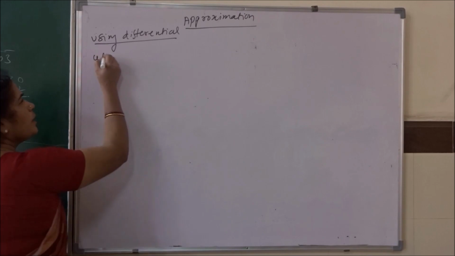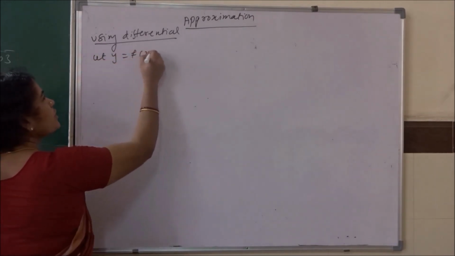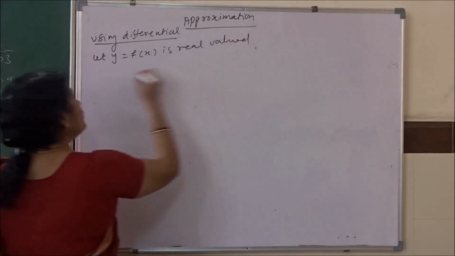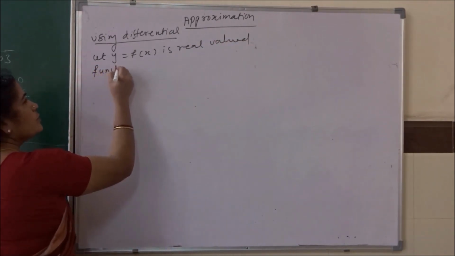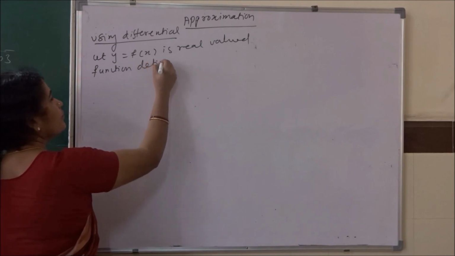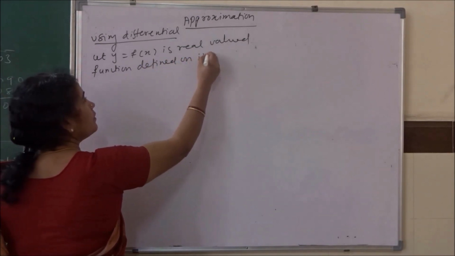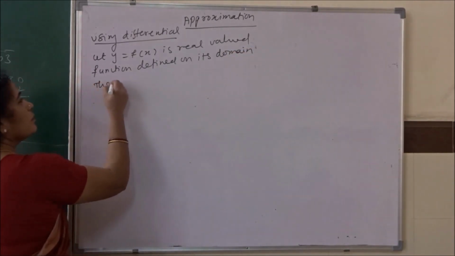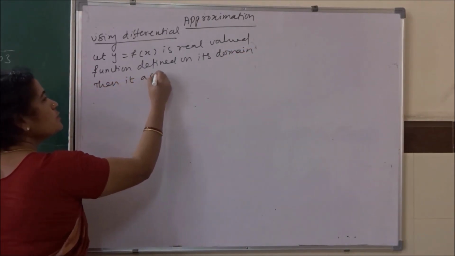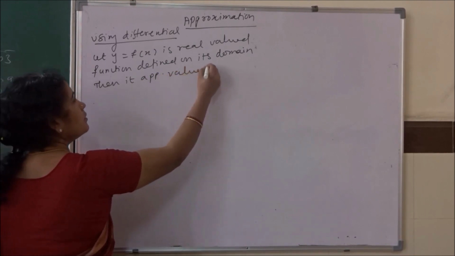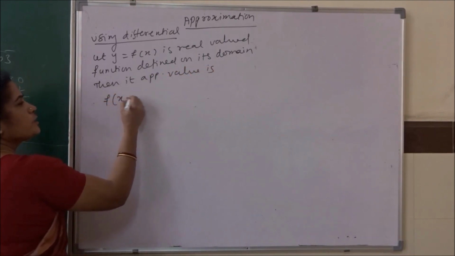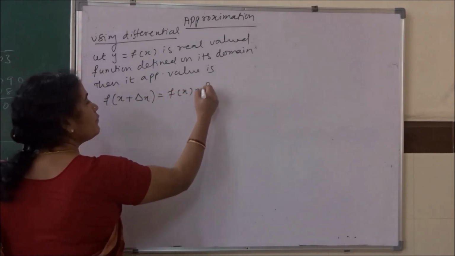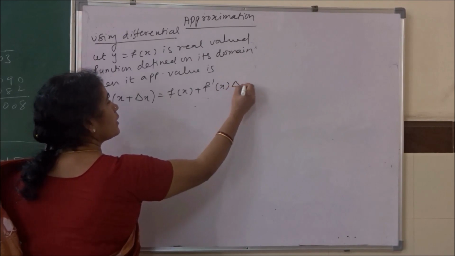Now see, let y equal to f of x be a real valued function defined on its domain. Then its approximate value is given by the formula: f of x plus delta x is equal to f of x plus f dash of x into delta x.